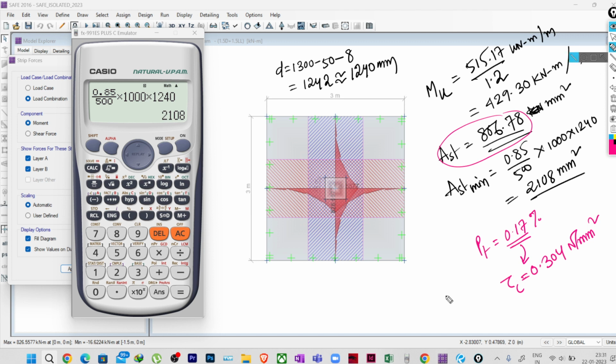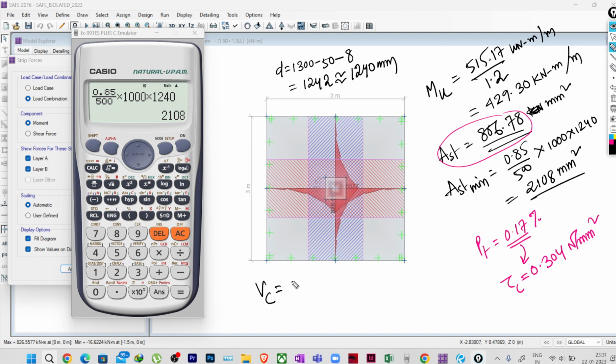Okay, so as the tau c is 0.304 Newton per mm square, what will be the VC? As usual, the VC will be tau c into B into D. So now the D has changed. Let me write it here.